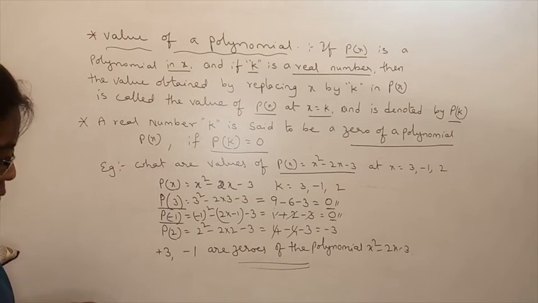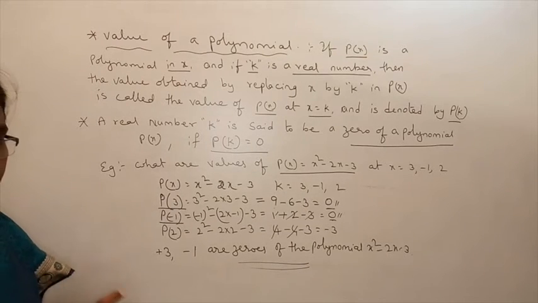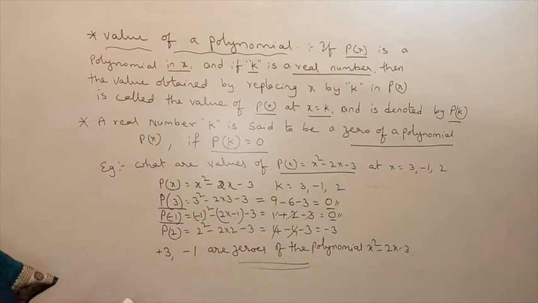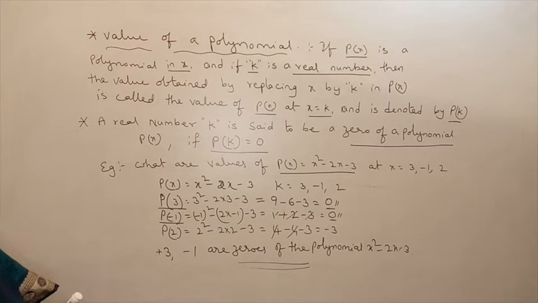Understood? Now, what is the value of a polynomial? Instead of x, one variable, you have to substitute a real number. Then you will get some value. That value we call the value of a polynomial.